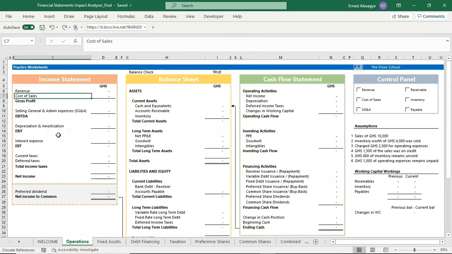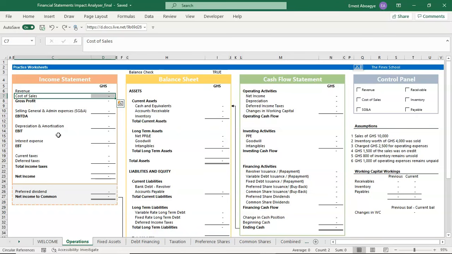Now, when we look at the next line in the income statement, that is our cost of sale. And our cost of sale are technically the production related costs or the direct cost of our goods sold. That is why the name is cost of sale. It's the cost of the sale you are making. So it's the direct cost.